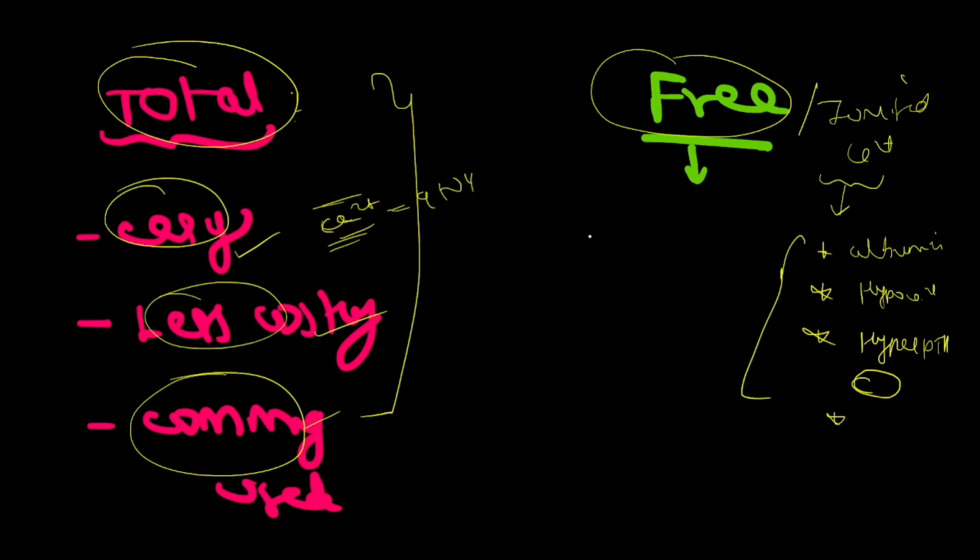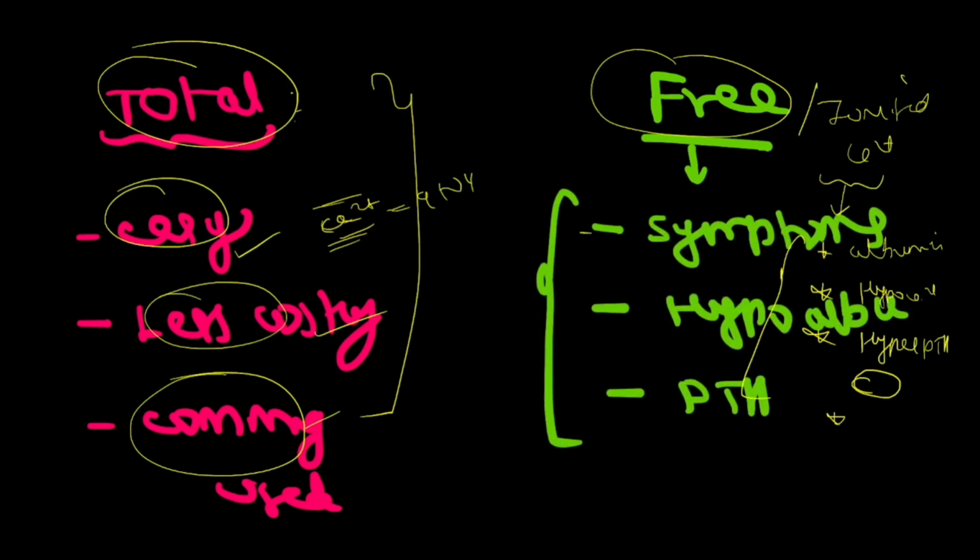What is the one concern? It's a bit costly compared to total calcium. The laboratory method to detect the ionized calcium is different, because we have to detect the ionized calcium separately.